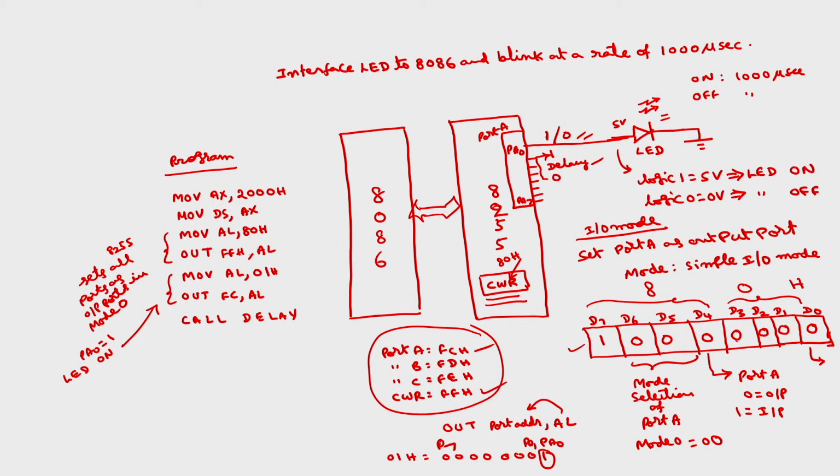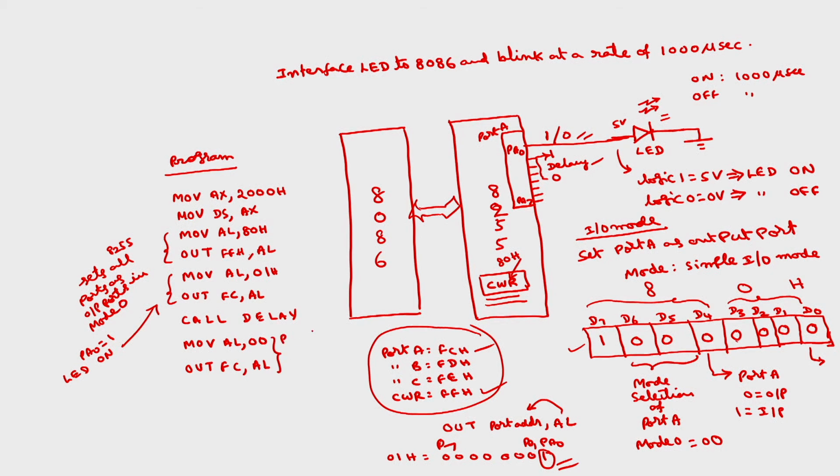Then after this delay, what you have to do? You have to turn the LED off, which means PA0 should be 0. For that you take move AL comma 00H, then OUT onto the same port A. With these two instructions, what happens?